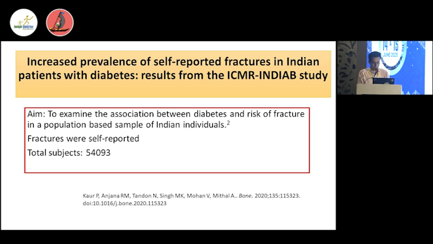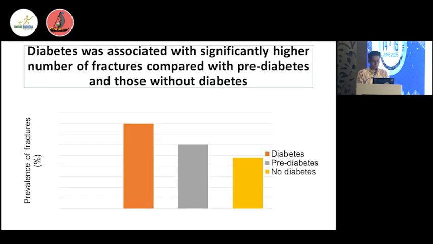Now look at the diabetes-related risk factors which can lead to fragility fractures or low bone mineral density. The general risk factors are prior osteoporotic fractures, age more than 65 years, low BMI, female sex, malabsorption, glucocorticoid use and rheumatoid arthritis. These are the usual factors we come across in any osteoporosis evaluation.